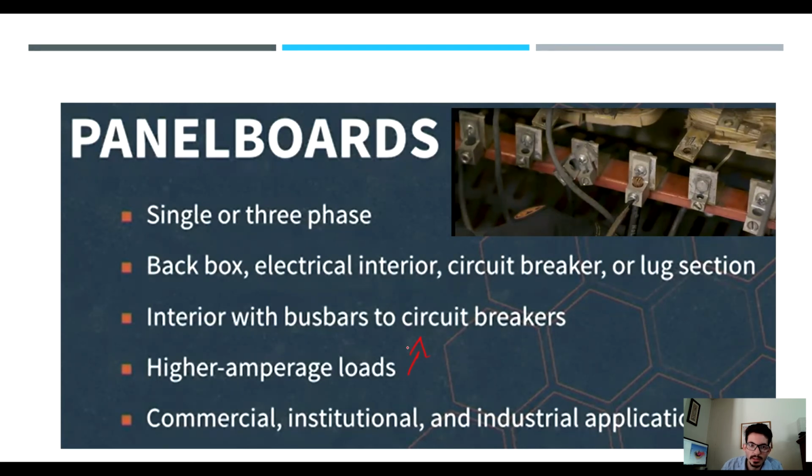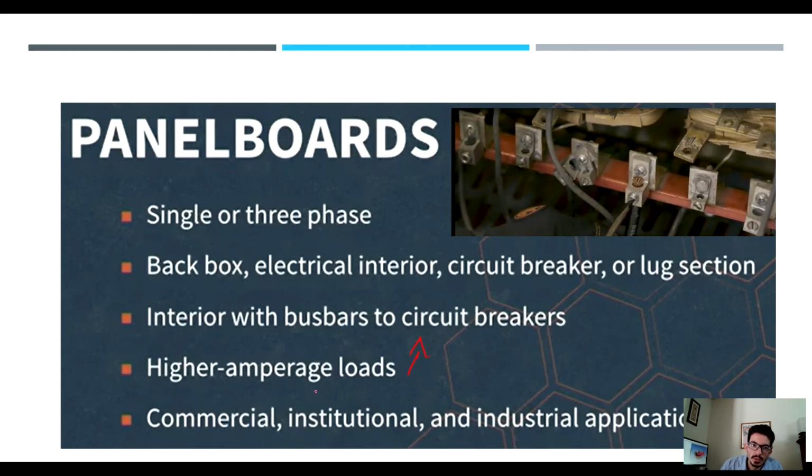Never service a panel board that is not under tag out, which is a standard by OSHA, where there is a tag with the signature of a manager or an operator, a certified technician, saying that the panel board is going to be out of commission so that you can provide maintenance on it. Never work on a panel board that is not under tag out conditions.